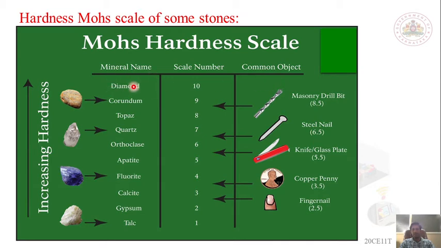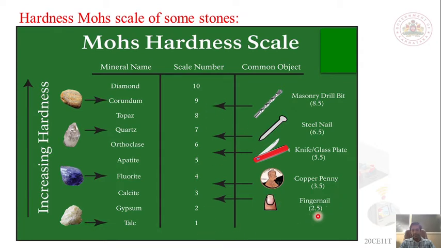Number 1 on the Mohs scale indicates the least hard, and number 10 indicates the hardest. You can see talc, gypsum, calcite, fluorite, apatite, orthoclase, quartz, topaz, corundum, then diamond. These are the different minerals, and numbers are given here.